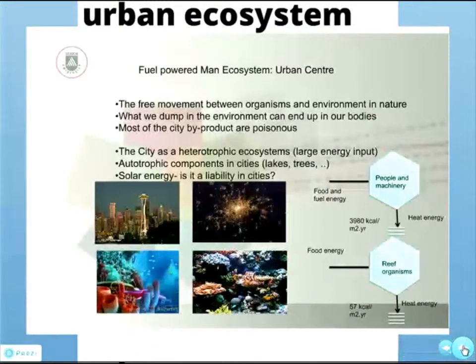Right. So the difference between the main ecosystem and the urban center ecosystems, I just give you an example here of a man-made fuel-powered system, where the heat goes out at about 4,000 kilocalories per square meter a year, and the reef organism or oyster system, which is much more relevant than reef actually, at 57 kilocalories per square meter per year.